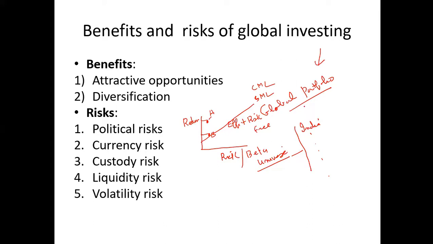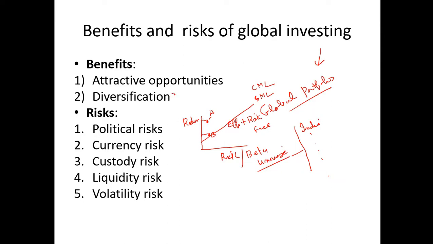When we are diversifying across the globe, the number of assets available for investment is quite large, and therefore the choice set is much larger. That is why it offers opportunities for better risk return diversification than domestic securities.